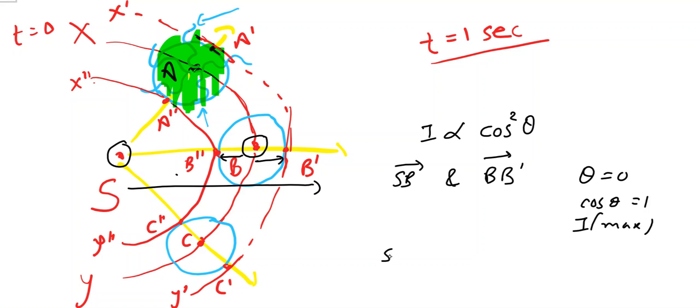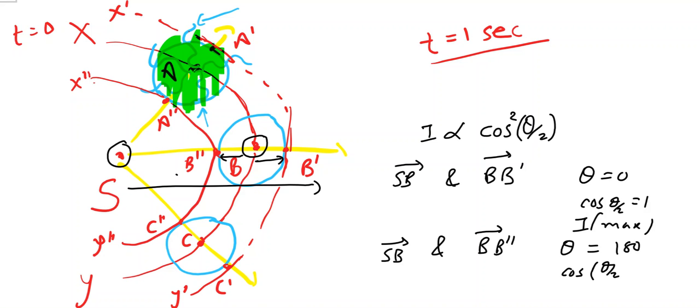But if I consider the direction of wave propagation from the original source, and then if I consider BB double prime, what is theta? Theta is 180 degrees. I think I made a mistake. It's cos square theta by 2. And then cos theta by 2 is cos of 90 degrees.